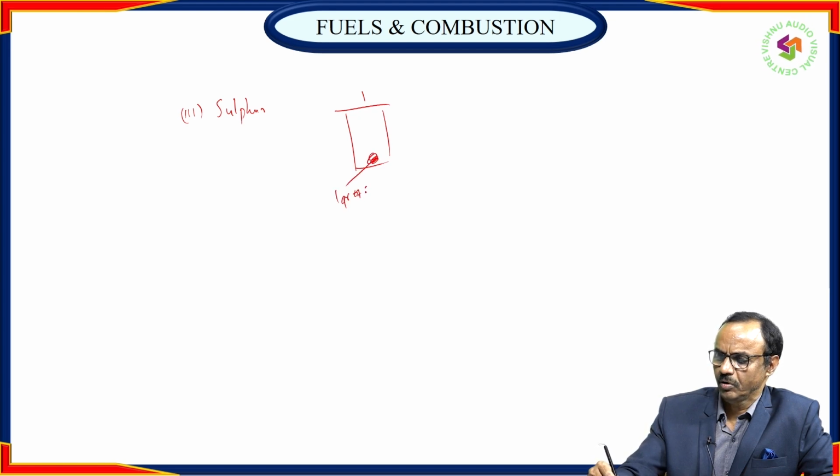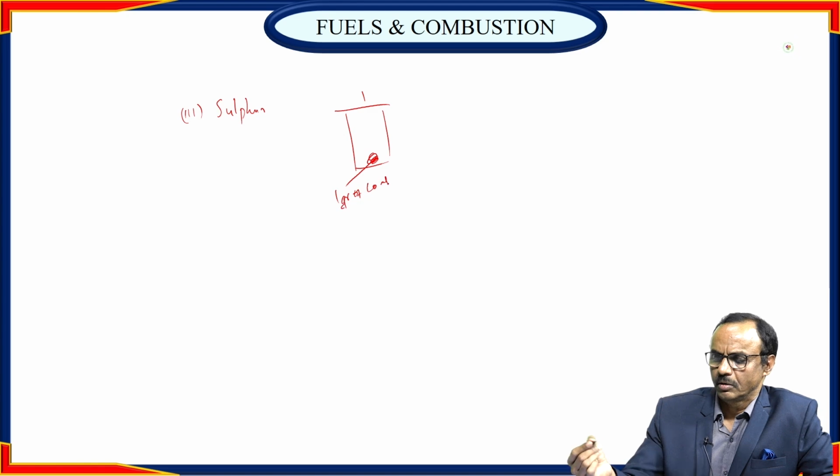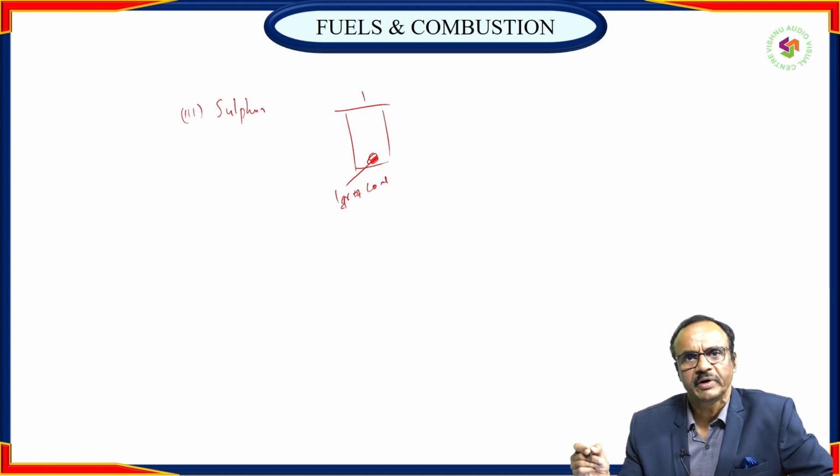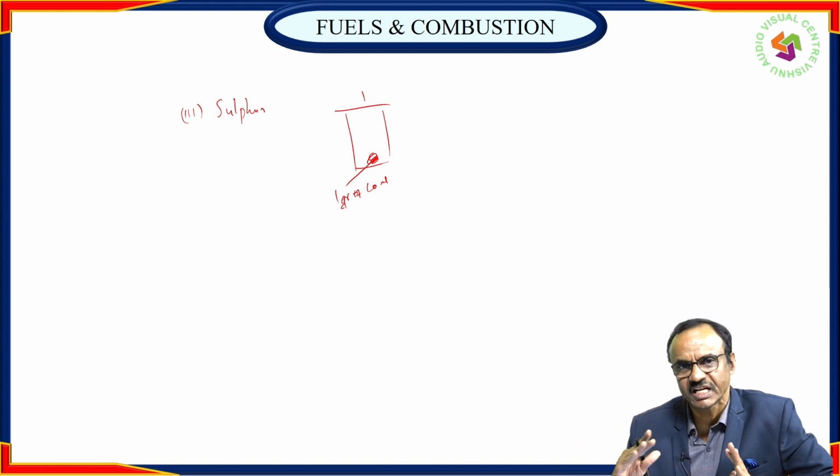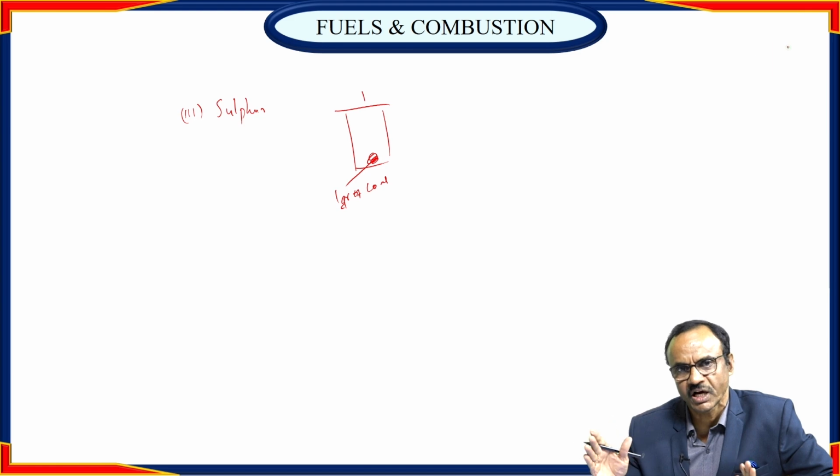Using a bomb calorimeter, we can determine the calorific value of any solid fuel. The bomb calorimeter is a closed container, detached from the surroundings. Neither products nor heat energy are allowed to escape. After complete combustion, the products remain inside only.